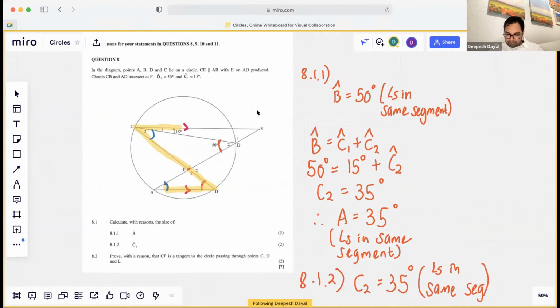So A is 35, and then we've got C2 equals to 35 as well, angles in same segment. Does everybody get that? You can just unmute or say thumbs up or type in the chat.